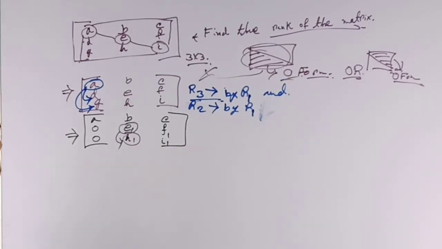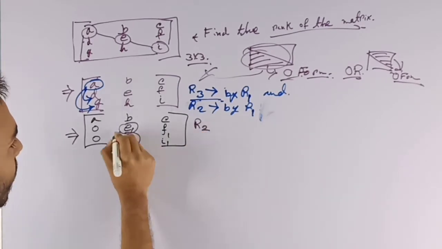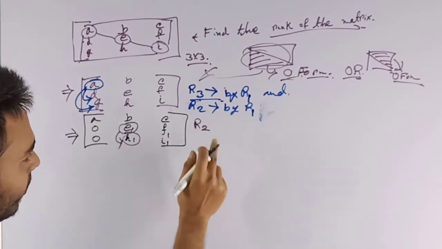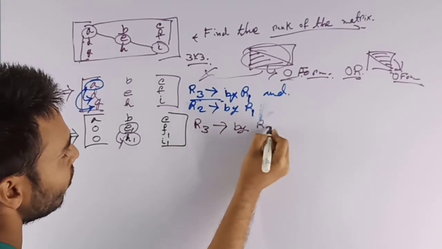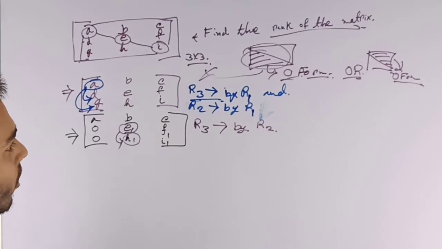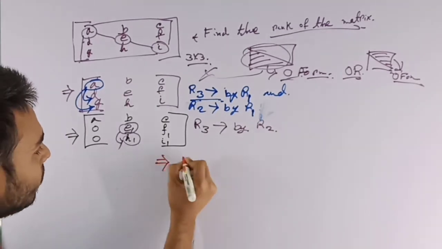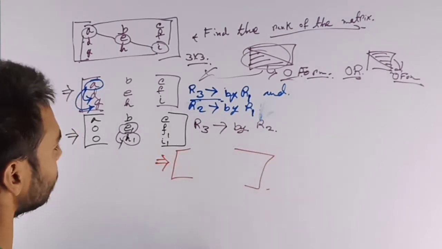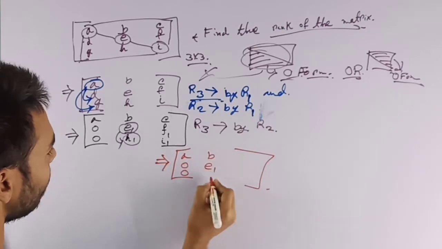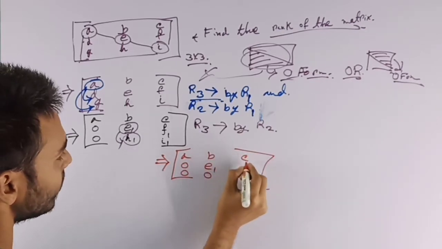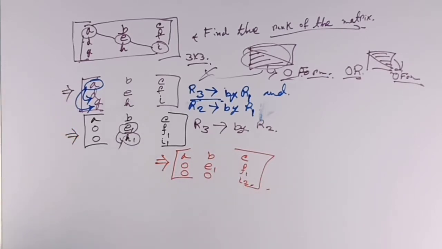Using e1 to change h1 to 0, R3 is interchanged by R2, and we find the 0. So I write here a 0 0, b e1 0, c f1 and i2.